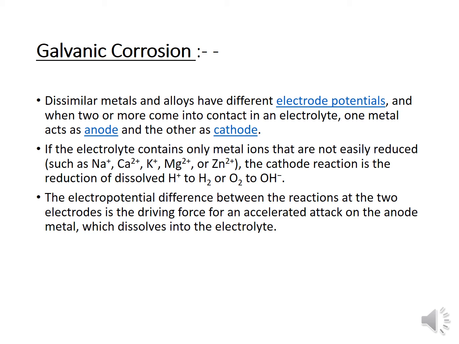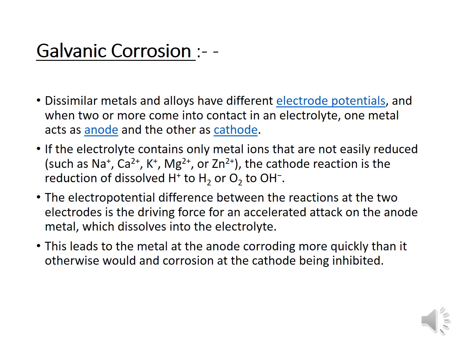The electropotential difference between the reactions at the two electrodes is the driving force for an accelerated attack on the anode metal, which dissolves into the electrolyte. So the anode metal undergoes corrosion more quickly and the cathode will remain as it is. Corrosion of the cathode will not take place.